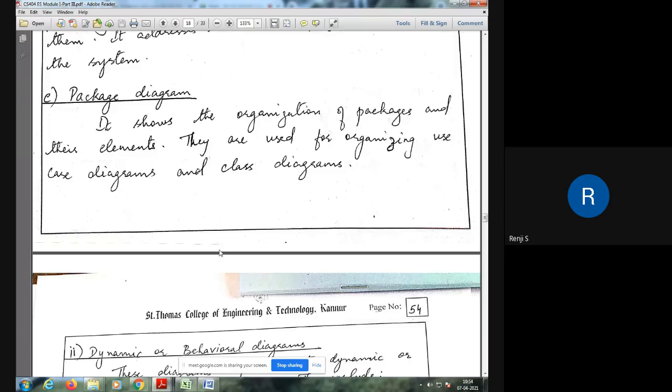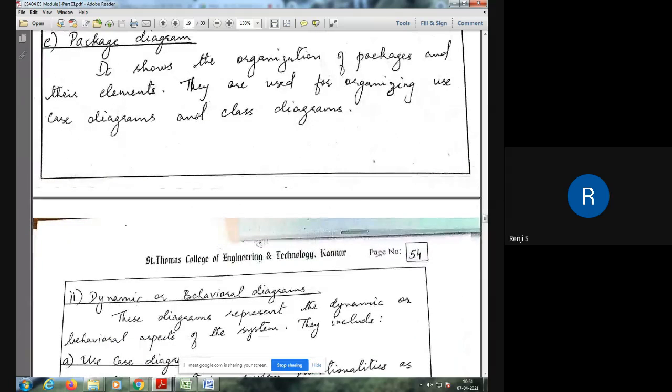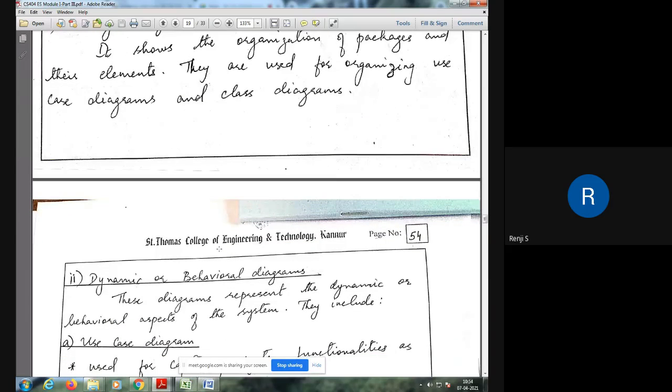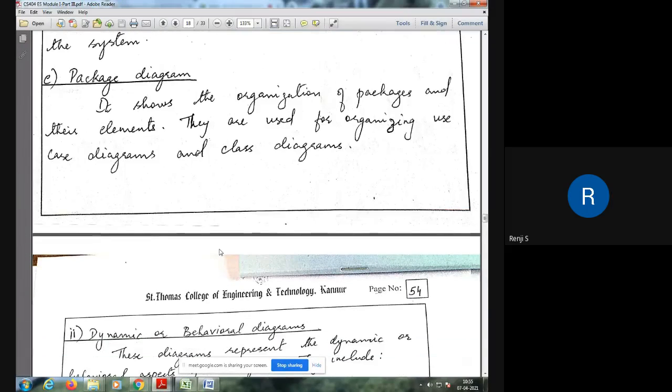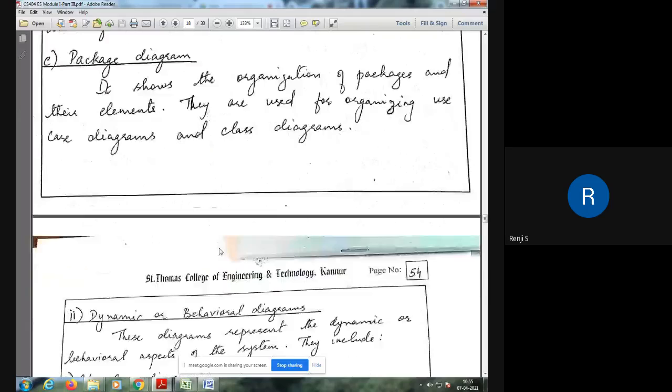And packages are usually organizational parts of UML, and they are used for organizing use cases, use case diagrams and class diagrams. Any component which does similar functionalities can be placed inside a package. And package is one of the UML things which we have studied earlier, and its representation was also shown earlier.